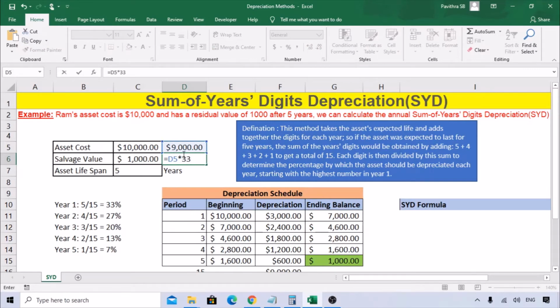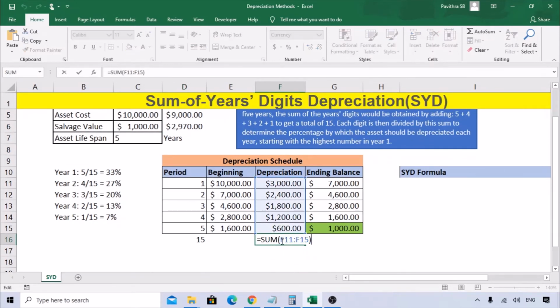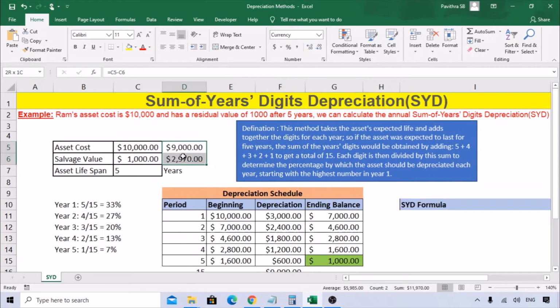Let's see if I'm not wrong. So almost $3,000, because it needs to get to the amount of $9,000. It is calculating as a percentage and deducting it. Okay, so now it is 3,000.